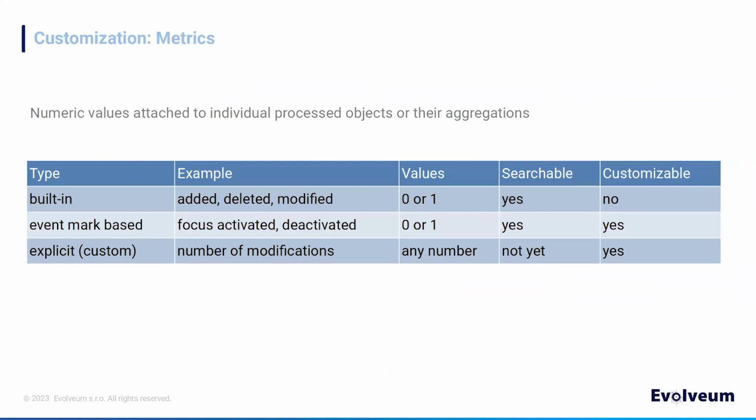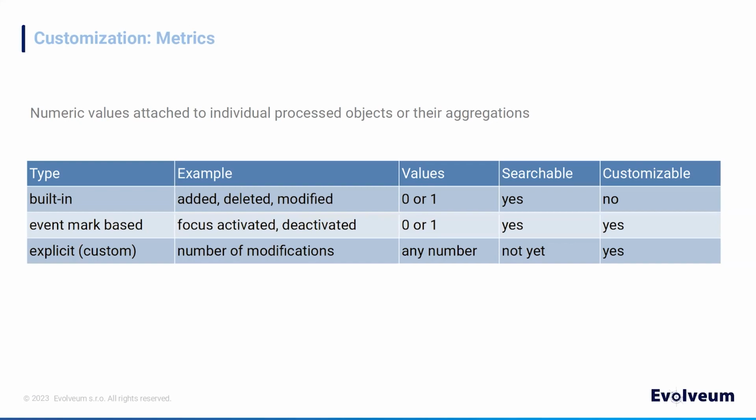Each object processed during a simulation is described numerically using metrics. The metrics are of three types. First, basic, built-in metrics. Those are used to differentiate between object additions, deletions, modifications, and I would say no change, a situation where the object is seen but not changed in any way.